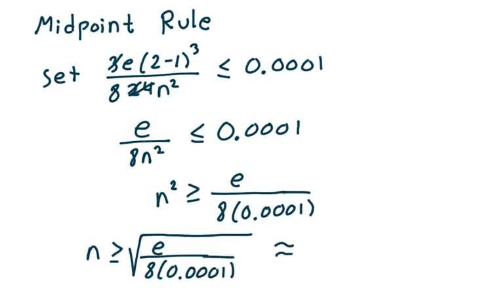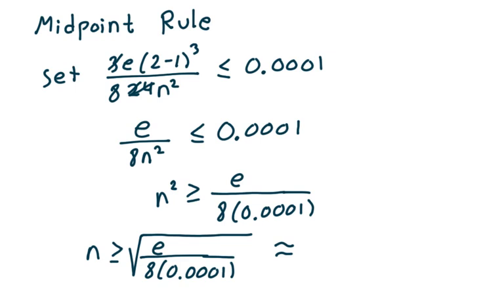Now, the question is, what is that approximately? Well, you could either take 8 times 0.0001, or 0.0008, or whatever it is. And so I'm going to take e divided by 0.0001, divided by 8, and then I'm going to take the square root of that.